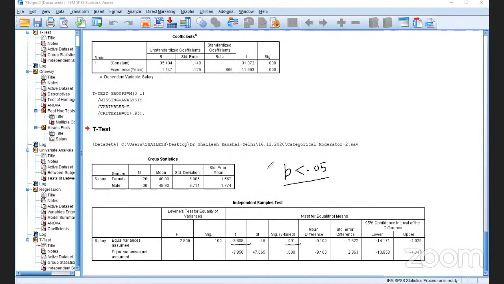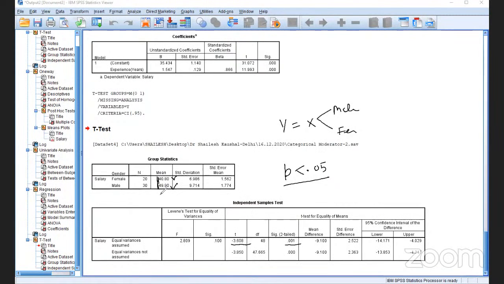So through the second condition, we found there is a significant difference between the salary received by male and female teachers in the private sector, because the mean salary of female is 40.8 and the mean salary of male is 49.9. So there is a difference.